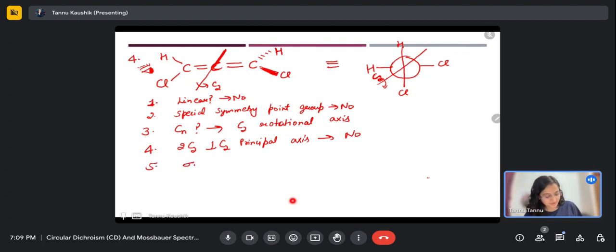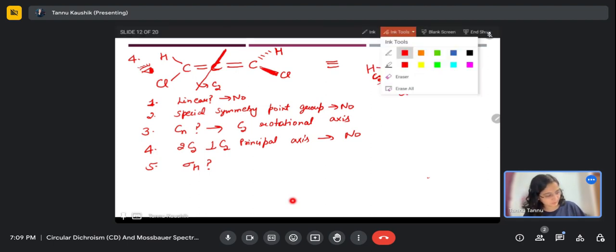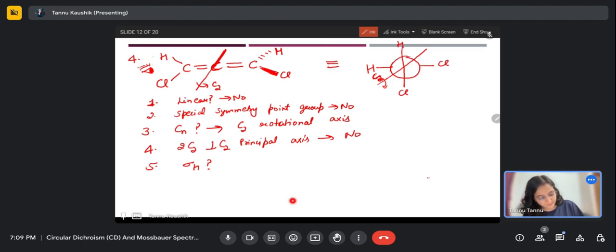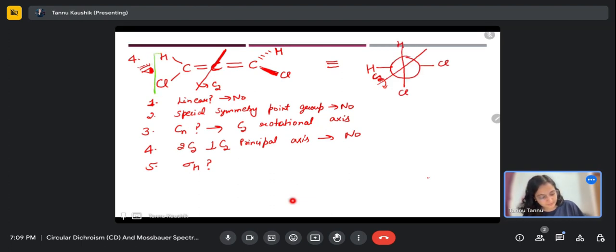Now the next question is, does the molecule have a horizontal plane? So perpendicular to this C2 axis, we have this molecular plane. By molecular plane, I mean the plane of the board, the plane which contains most of the atoms.